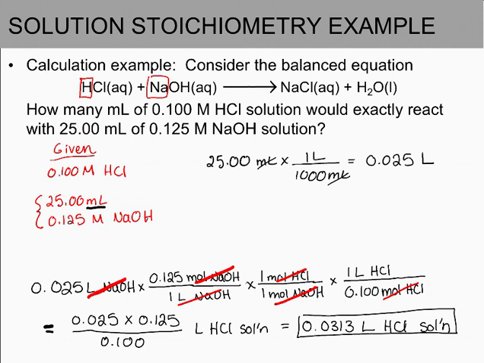Now the question did ask for milliliters, so we could convert that to milliliters. This time we're going to flip our conversion factor. Now we want milliliters, so we'll put that in the numerator.